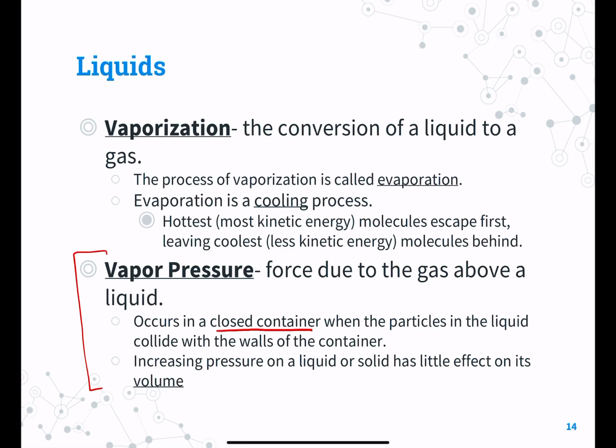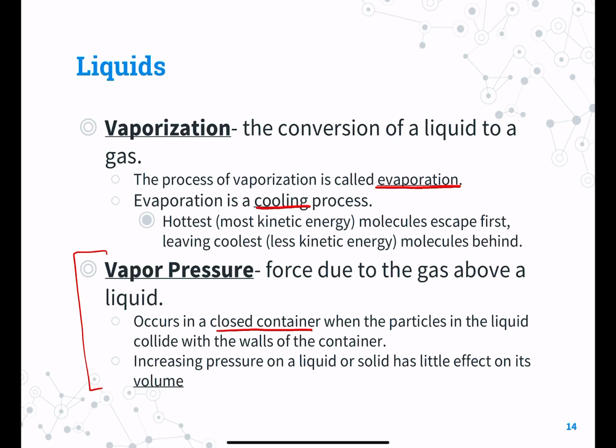So the process of vaporization is called evaporation. You should be very familiar with that term. And it's a cooling process. When things evaporate, it causes it to cool. Okay? When you sweat and the sweat evaporates off of the back of your neck, it leaves a cooling sensation behind on your neck. It's called evaporative cooling.